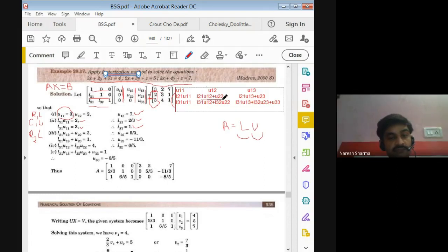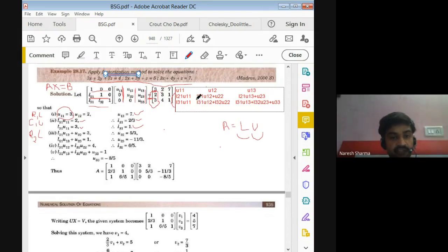Similarly, the second row multiplied with the third column gives L21 U13 plus U23.